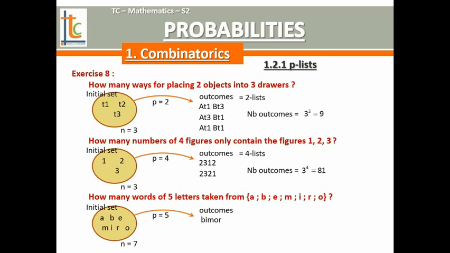If you are permuting 2 letters, is it another word? Yes. So you have to take the order into account. Is the repetition possible? Yes, because it's not forbidden. So you're still in p-lists, and the number of such words is 7 power of 5, which is 16,807.